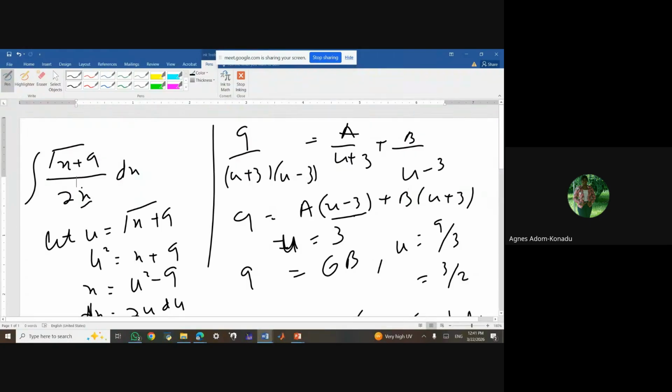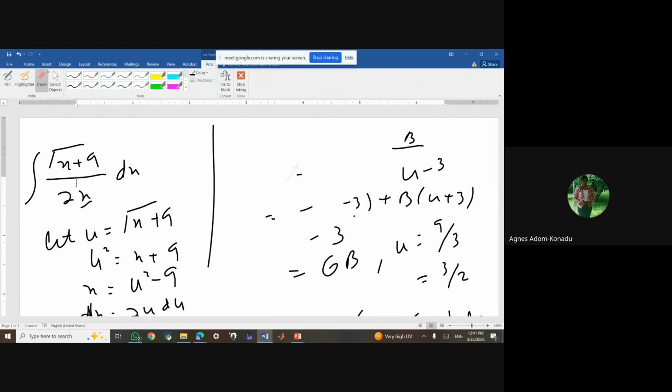So I change this one to u. If I do direct differentiation, I will not be able to take care of the x, but I want to take care of the x. So if you just do direct substitution, you let your u be equal to the square root of x plus 9. Then when you differentiate, so let's see.